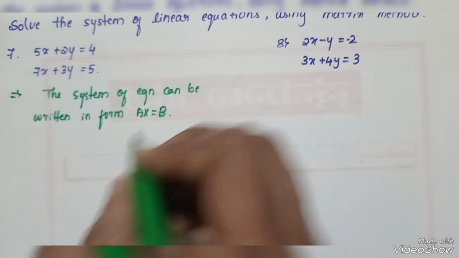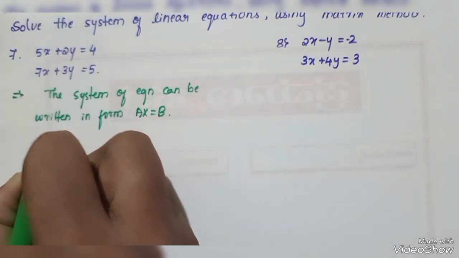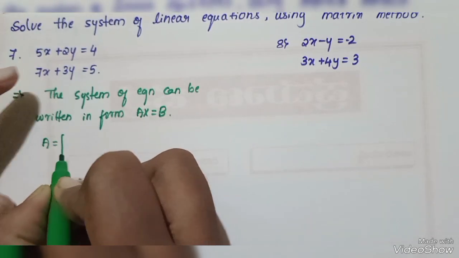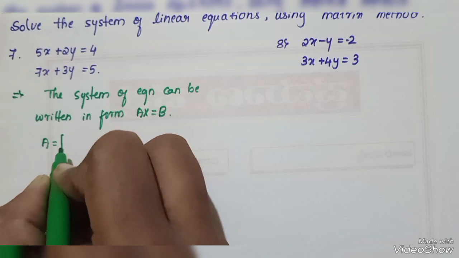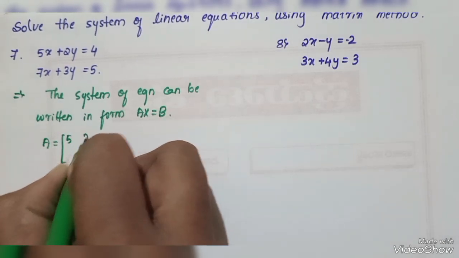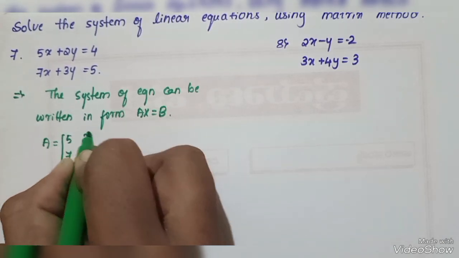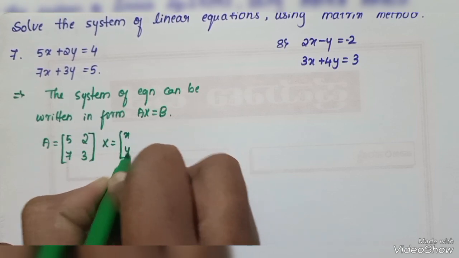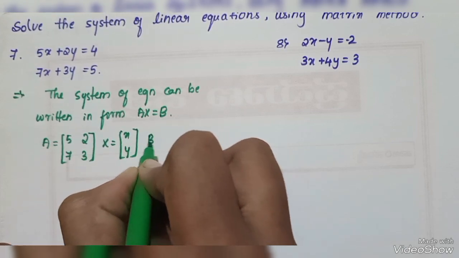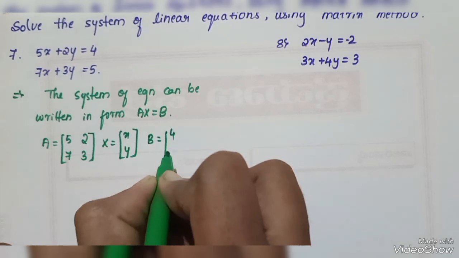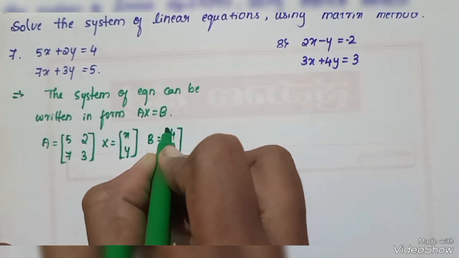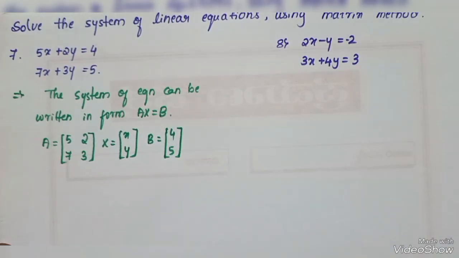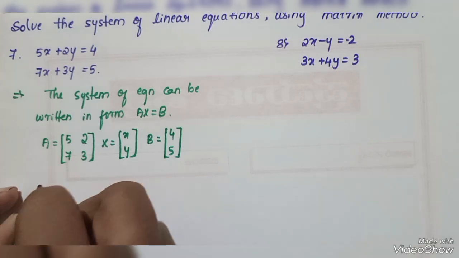Now the a matrix contains the corresponding elements of x and y, that is 5 2 7 3, and the x matrix contains the elements x y, and the b matrix contains the elements 4 and 5. Okay, now the second step, we have to find the determinant of a.